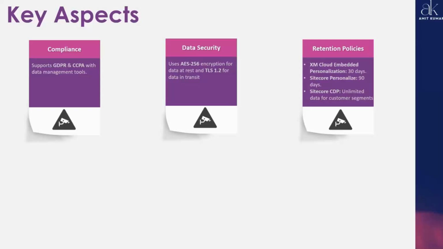So these are the key aspects we need to take care of when we are proposing any product, not just SaaS, how the security has been implemented, because it's PII data which you are going to store. We need to verify these things upfront with the product team.